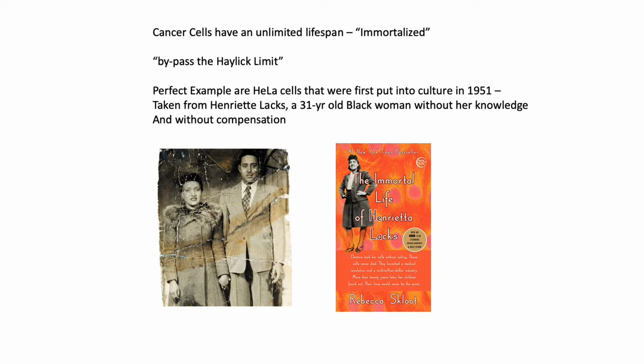No health insurance. Living in poverty, and never knowing that her mother's cells were used to make so much money. So it became a big issue. As a result of that, there's been lots of changes in the medical system, and that is there has to be informed consent. Anytime you go in for surgery, you have to sign papers.